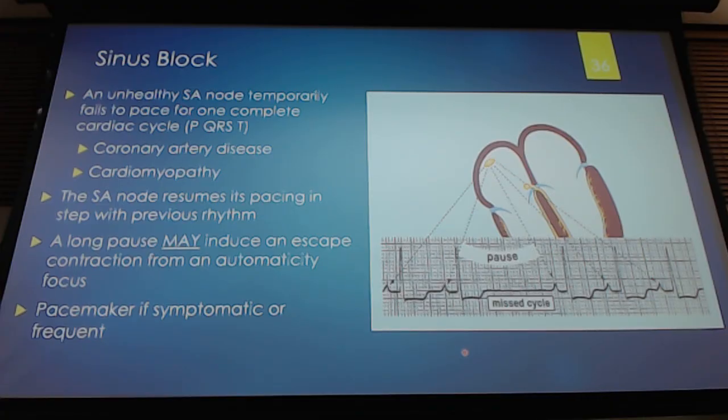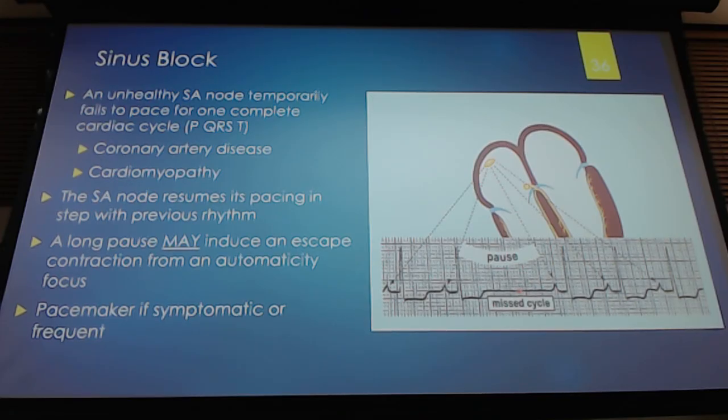When you're looking at it, it'll look as if it's an irregular rhythm, but we're missing that entire PQRST, and then it goes back to our normal PQRST, PQRST, PQRST. So we're missing an entire cycle. The SA node's firing, but then something stops the SA node from firing, and nothing else picks it up.